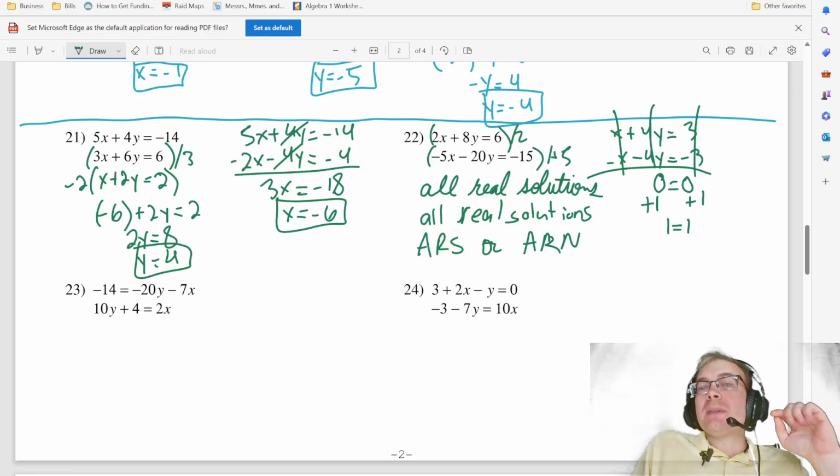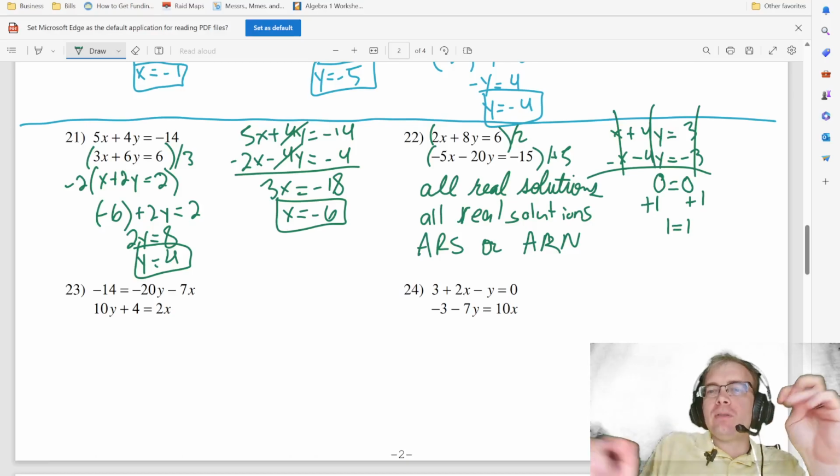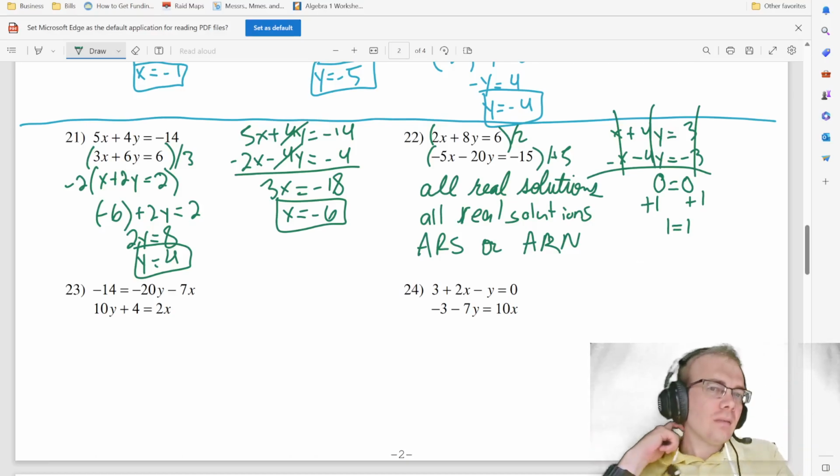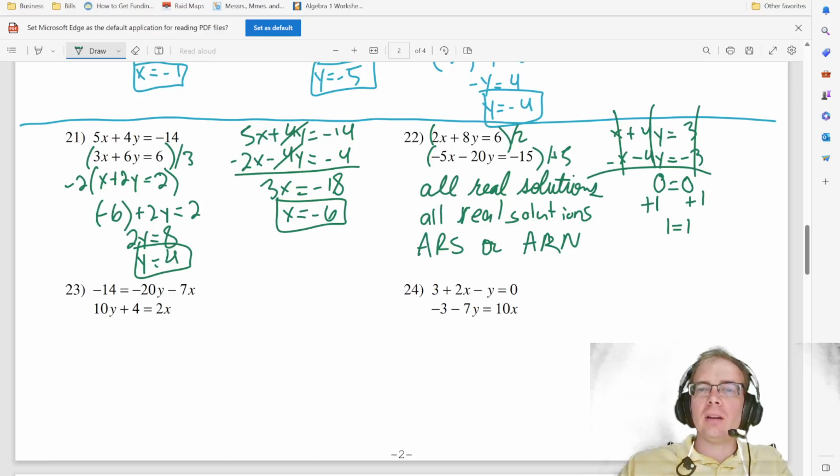Oh, there is a more specific way to say this answer. If you define y as f of x, then, yeah, if you wanted to get really, really technical, one thing you could do is take one of the equations, so let's say the top equation, and we solve it for y, and then we divide by 4.